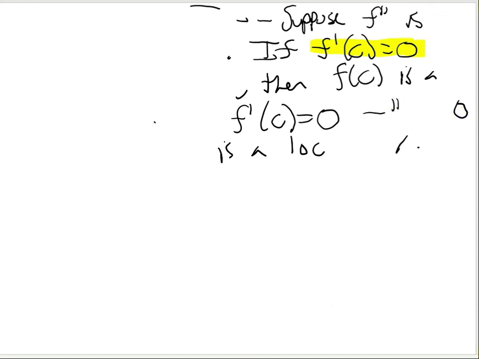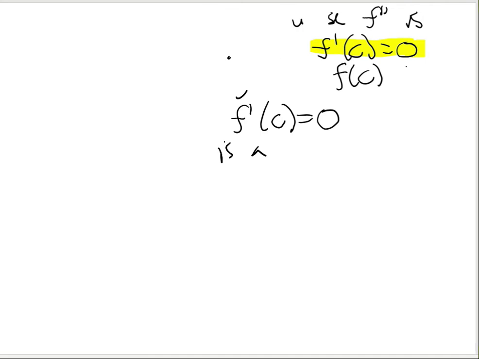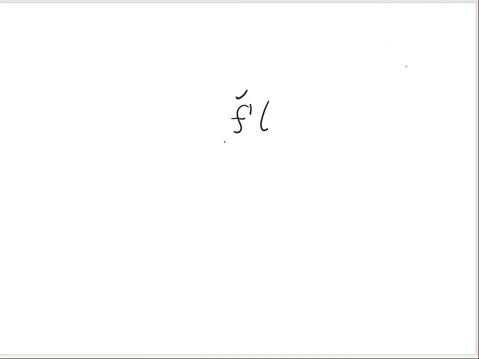and test this out. Now, I'm never going to require you to use the second derivative test because the first derivative test gives you the same thing with the local maximums and minimums. But let's just do an example to see how this works.